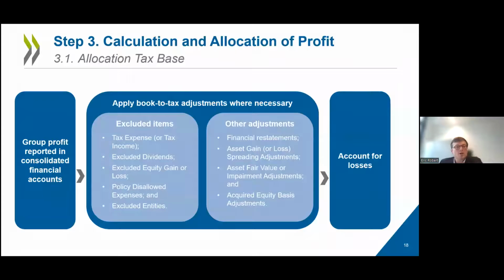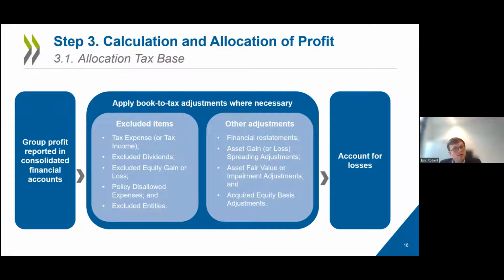So are also capital gains from shares, so they're taken out of the tax base. The term you can see here on the screen, asset gain or loss spreading adjustment, just refers to the fact that when you have a one-time gain from the sale of an asset, which may trigger a significant profit or loss, that significant profit or loss is typically spread across multiple years to avoid that it artificially impacts your profitability in a given period.